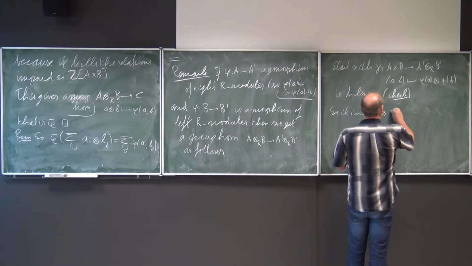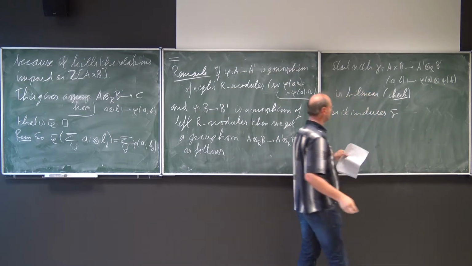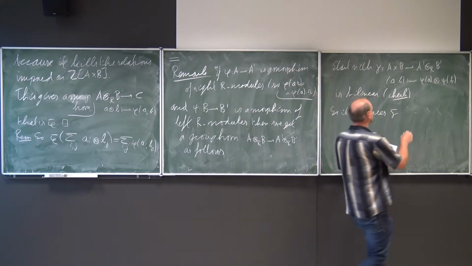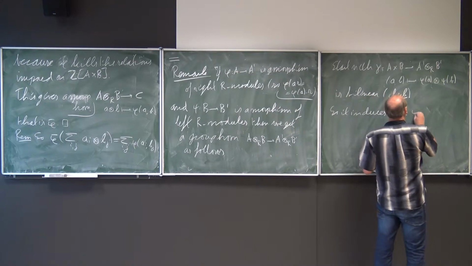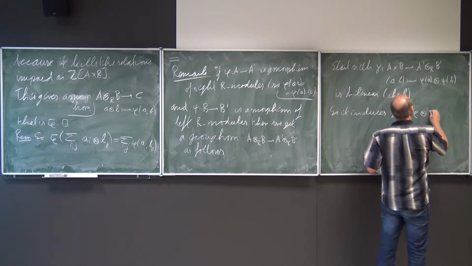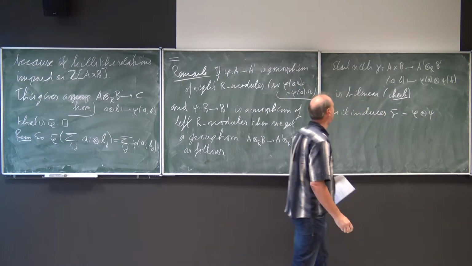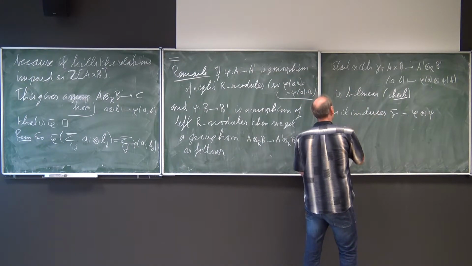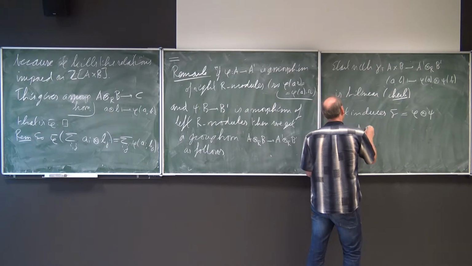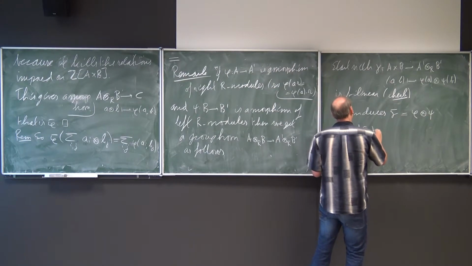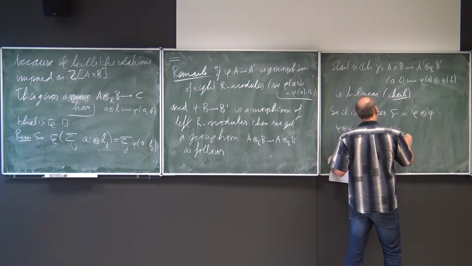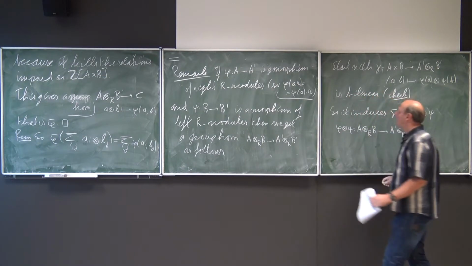So by the proposition, I get a map gamma bar, and that will be this one, but one normally writes it as phi tensor psi. So it will be a map phi tensor psi from A tensor over R B to A prime tensor over R B prime.